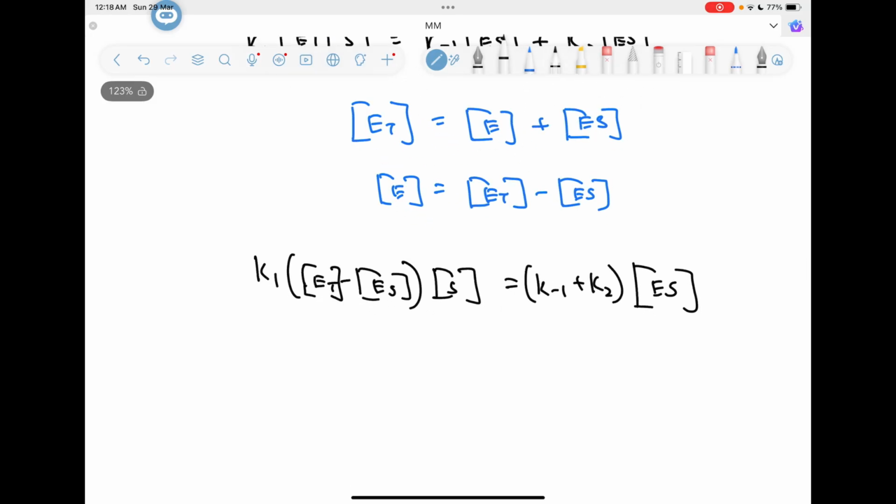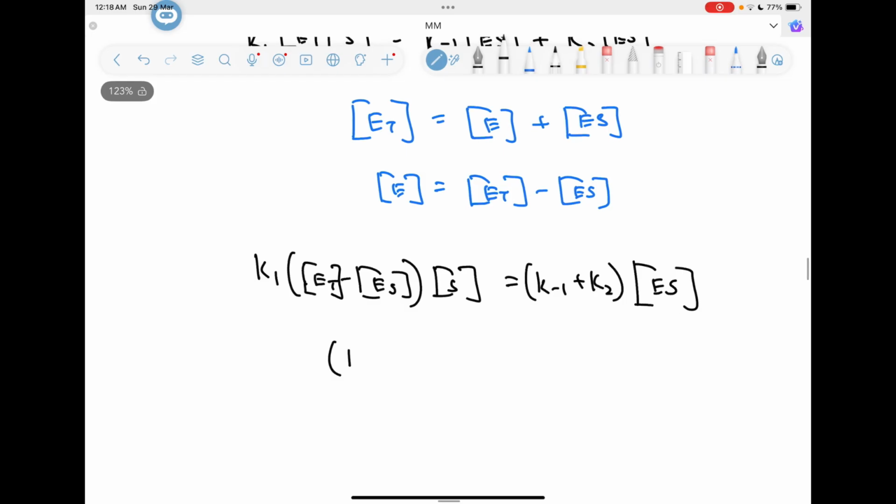And if we try to simplify it and isolate the terms together, what we'll do here is try to isolate the Michaelis-Menten constant. So we have to divide the whole equation by K1.